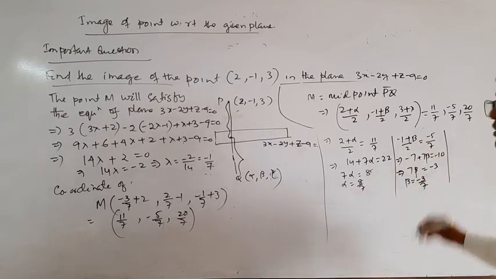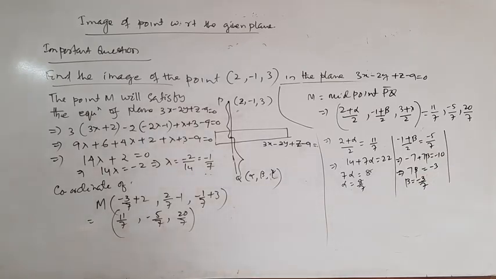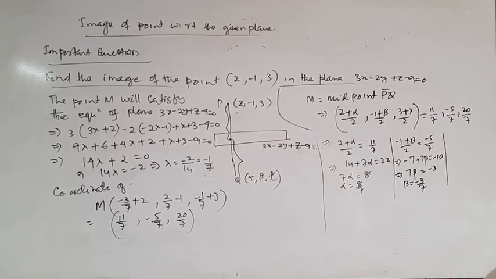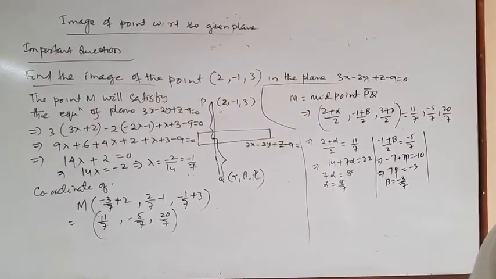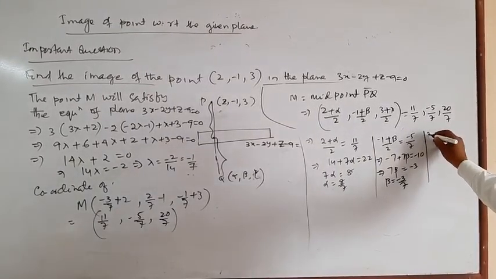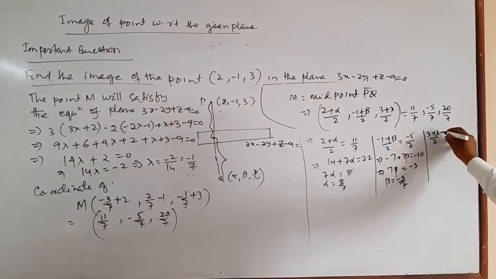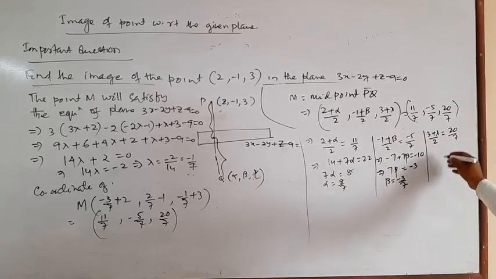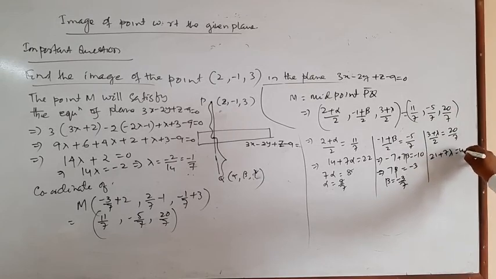Again here, (3 plus gamma)/2 is equal to 20 by 7. So 21 plus 7 gamma is equal to 40.